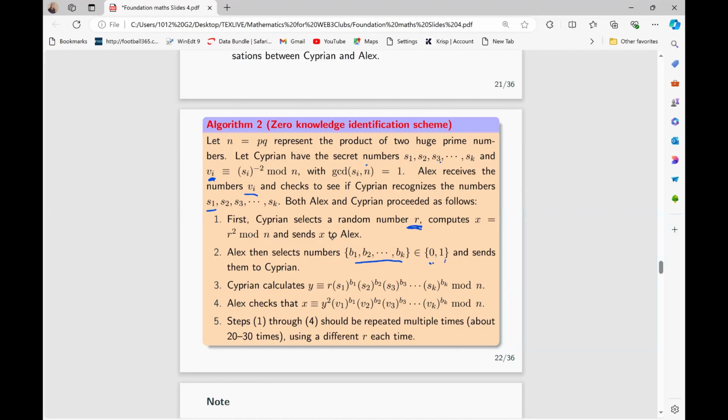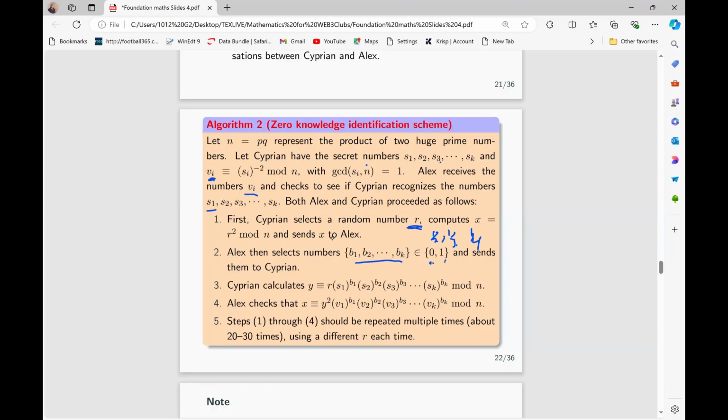So it means they are fractions. For instance, it could be a half, a third, a fourth, and so on. Numbers between 0 and 1. He sends you those numbers from 1 up to K.